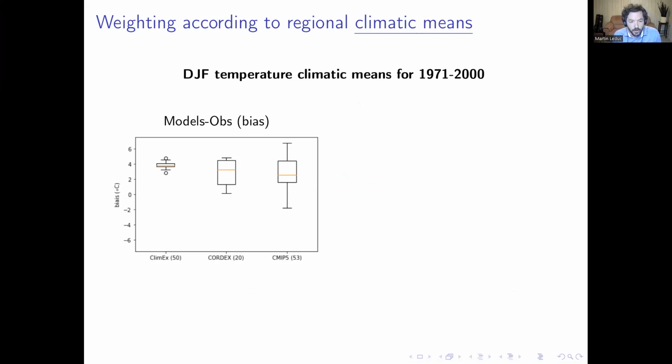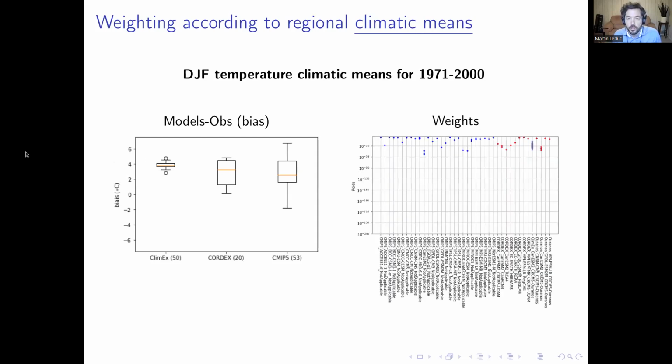After that, you have Cordex regional models and CMIP5. You see that compared to the difference between models and the observation, the impact of internal variability is much smaller than the difference between the different models. If we compute the weights for each simulation, here they are classified by model, and if there are several members, they are in the same column.